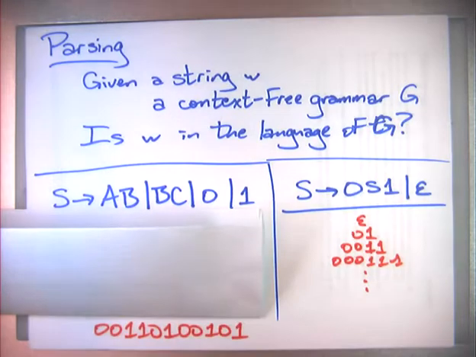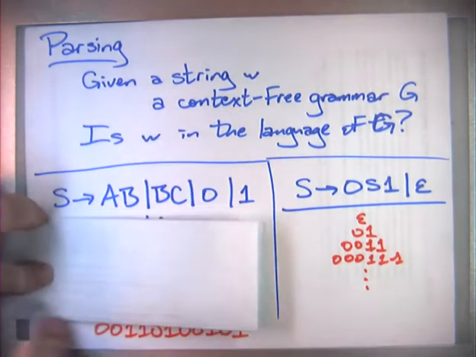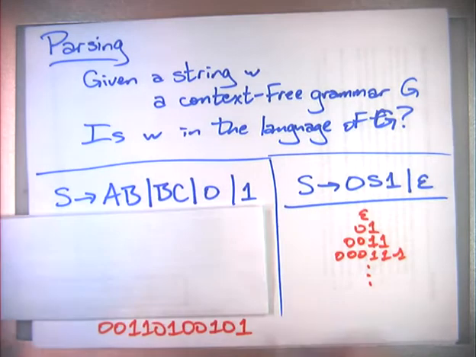Is that string in the language of this non-terminal? Well, there are 4 things for me to check. I don't know which one of them, if any of them, is going to work out, so I'm just going to check all 4. Is that string 0? No. Is that string 1? No. Okay. Is that string of the form AB?